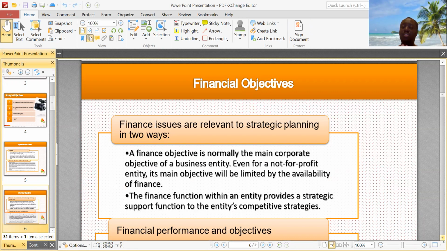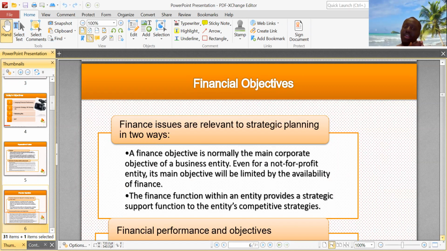Finance issues, you should know, are very, very relevant to strategic planning in two ways. A finance objective is normally the main corporate objective of a business entity. So usually the finance objective will essentially be the main corporate objective, even for a non-profit entity, its main objective would be the availability of funds or the availability of finance.